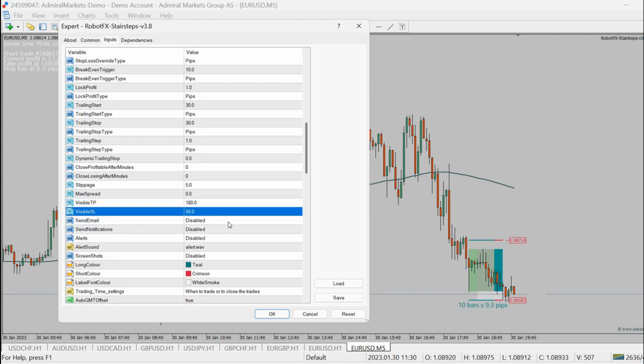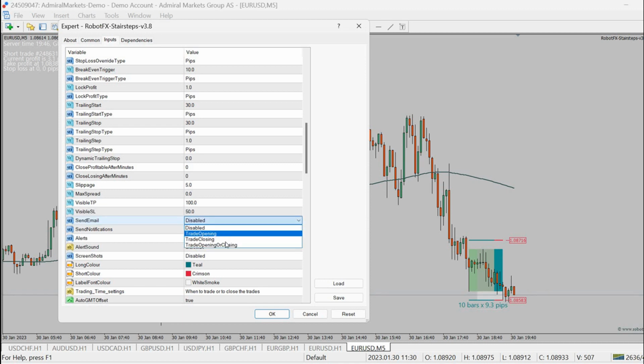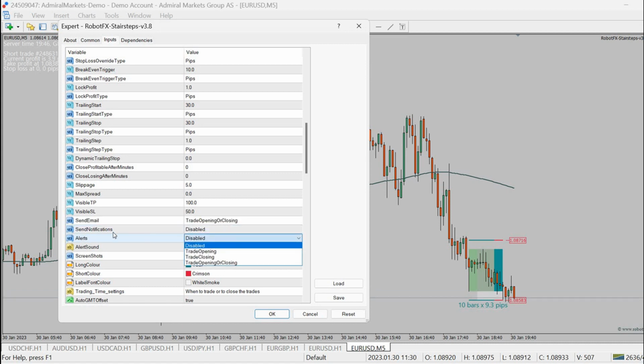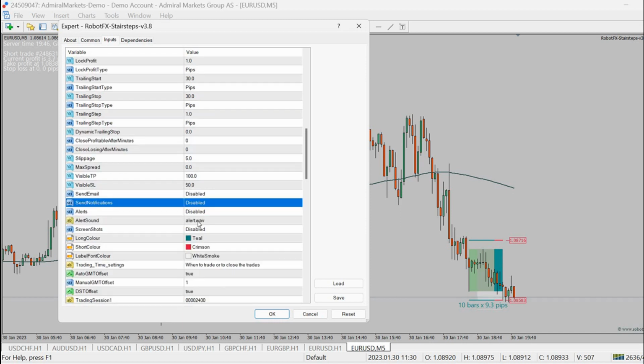There's also the option to send emails when the trade is opening, closing, or both, or notifications, same settings, or alerts on the chart, notifications on your mobile device, and the possibility to choose the alert sound.